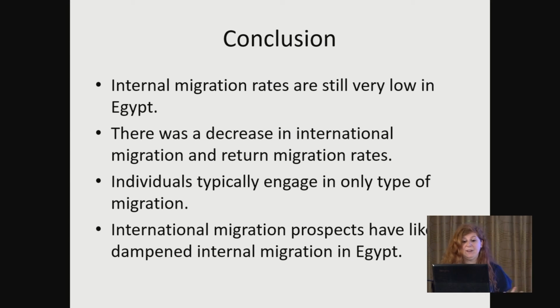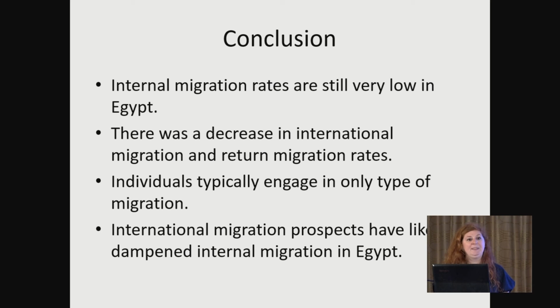So what we find here is that internal migration in Egypt is still very low, and actually we see that the share of the urban population is more or less the same for the last 50 years, which is quite surprising for a country at the same level of income as Egypt. There was a decrease in international migration rates and in return migration rates.